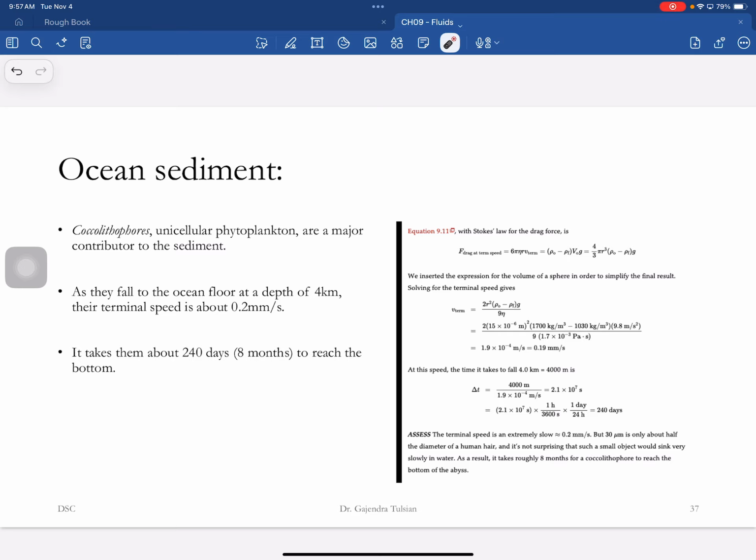After they die, they take about 240 days, almost a year, to get to the ocean floor. But nobody's in a hurry. These guys that are trapping half our energy end up on the ocean floor, become sediment, and over millions of years, they turn into oil. So they're always helping us.